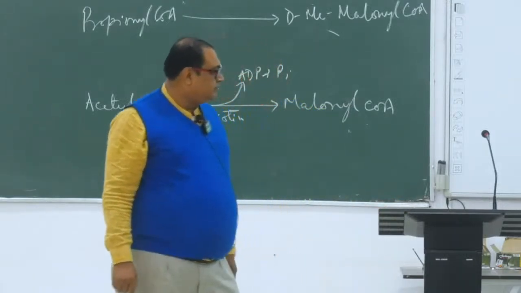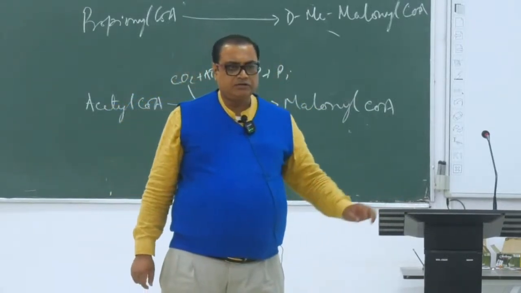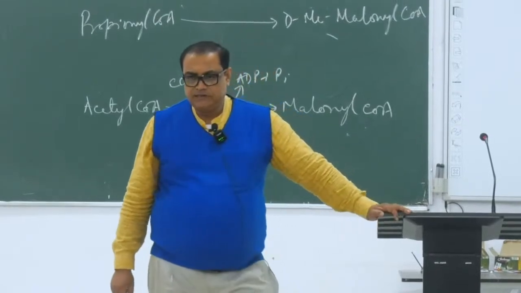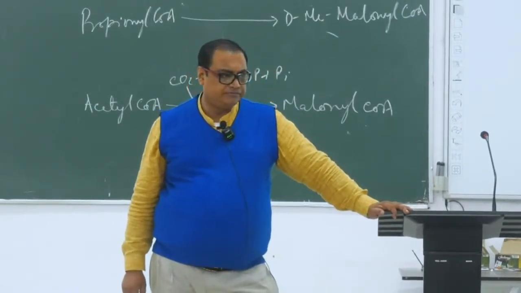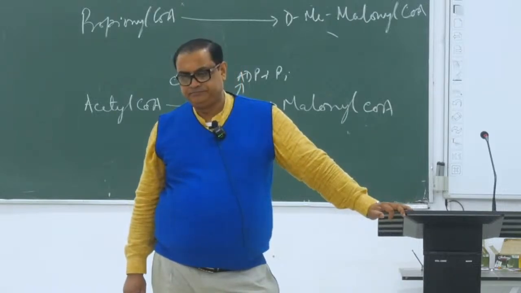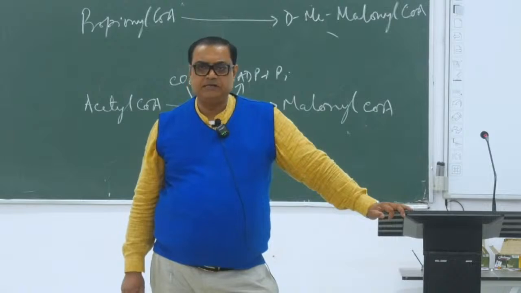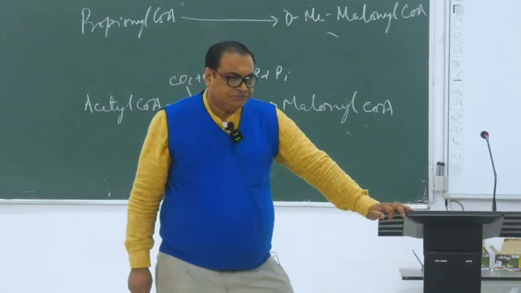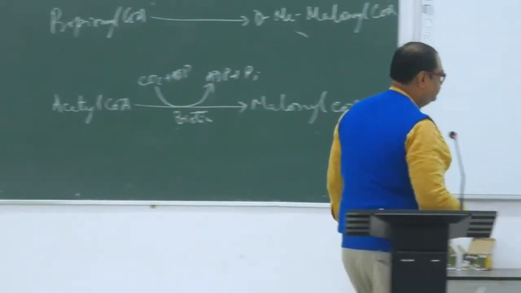Next, beta methyl crotonyl CoA carboxylase. This is very difficult, you have never heard of it. This is an enzyme in the branched chain amino acid catabolic pathway. Okay.